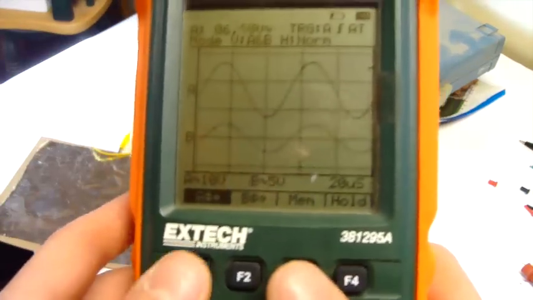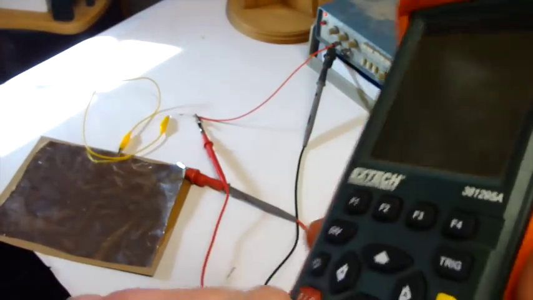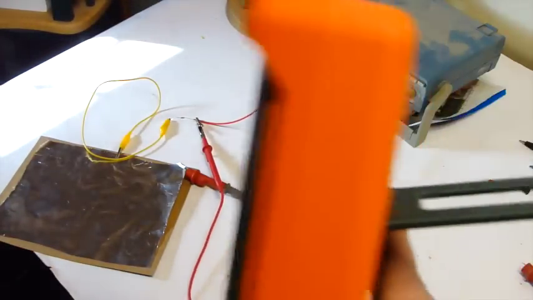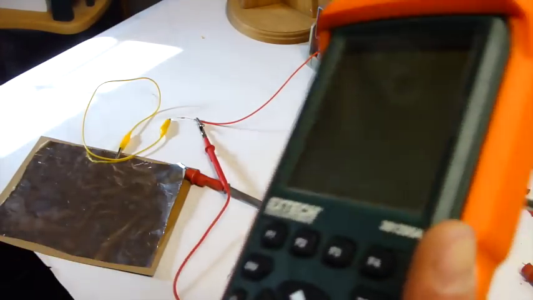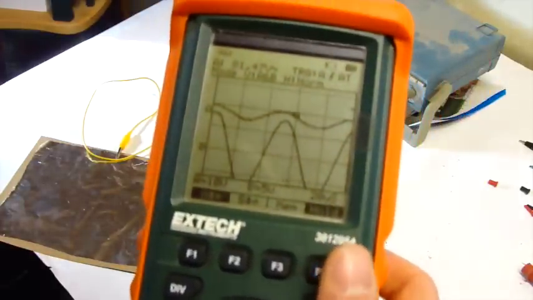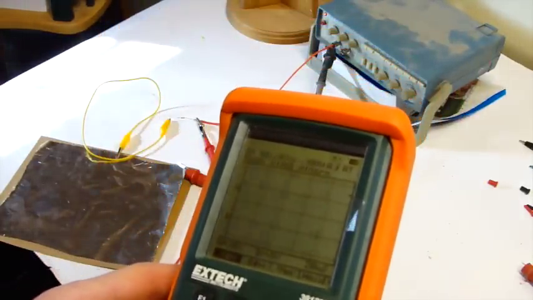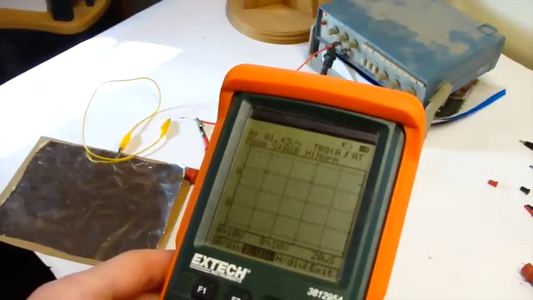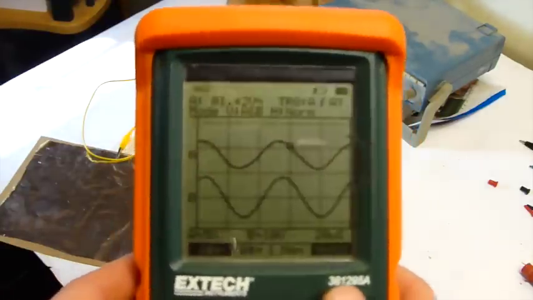Now, let me measure the voltage across the capacitor, or the antenna for that matter. And, one second.